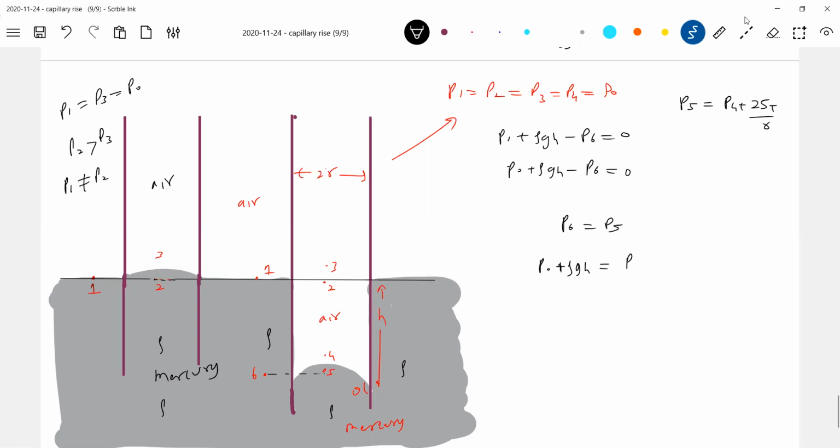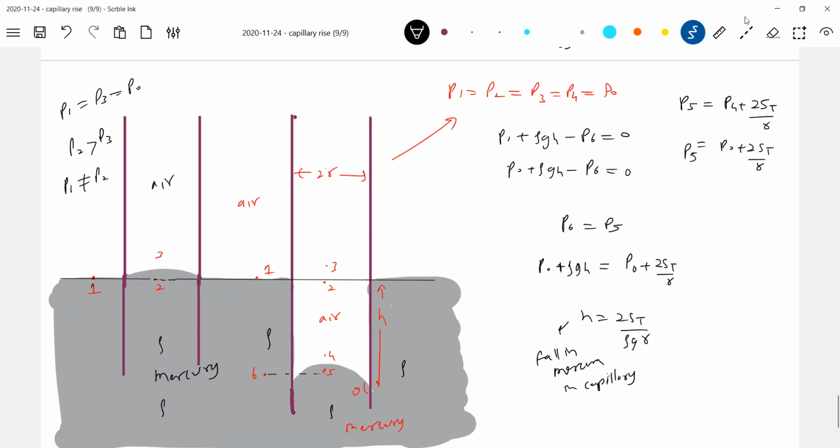P5 is P4 plus 2 St by R, so P5 equals P naught plus 2 St by R. So h equals 2 St by rho g R. If you want to replace it in terms of the radius of the meniscus, again the same formula. So this is the fall of mercury in the capillary tube.